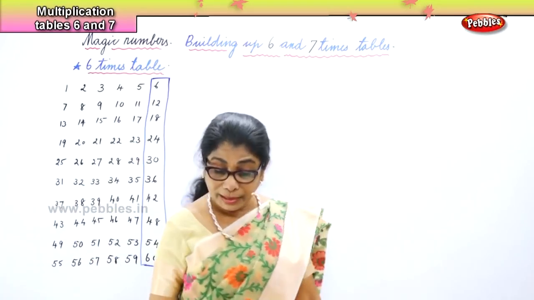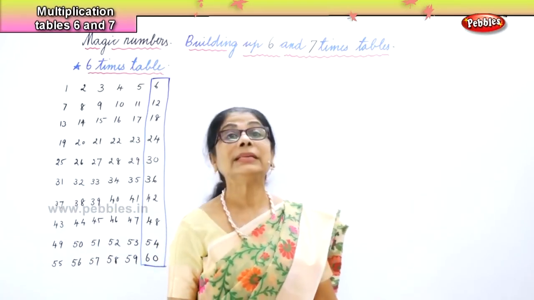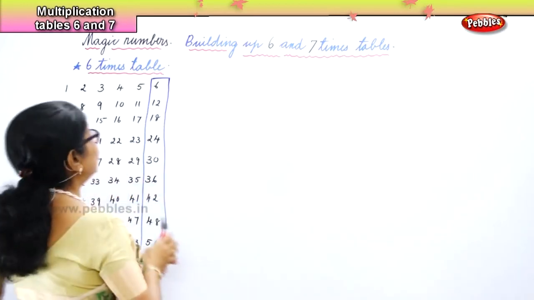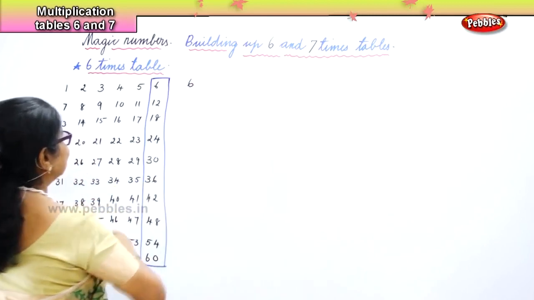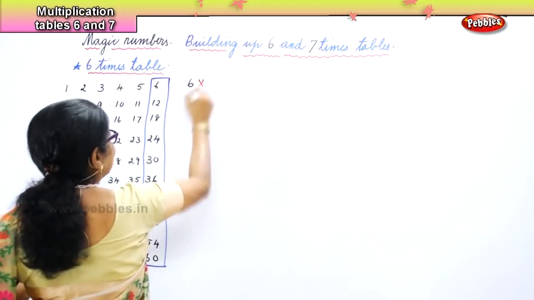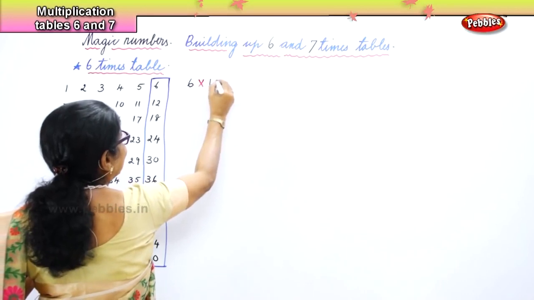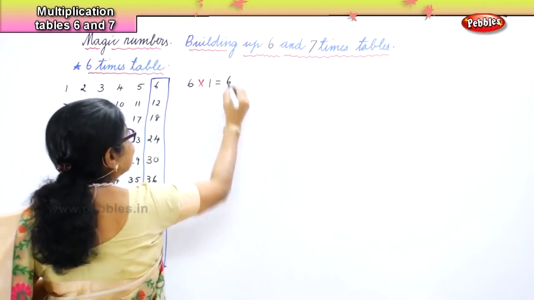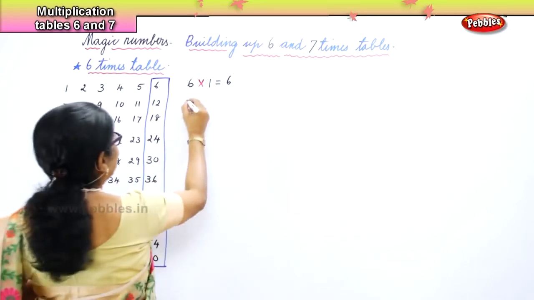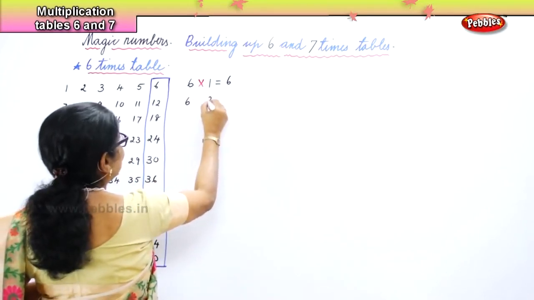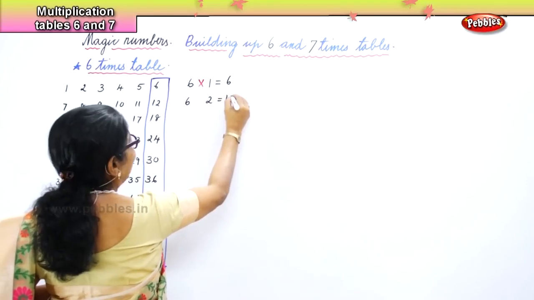Now, how do we normally say it? 6 ones are 6. Good. So let's do that now. 6 ones are 6. That's how we build a table. Next, 6 twos are 12.